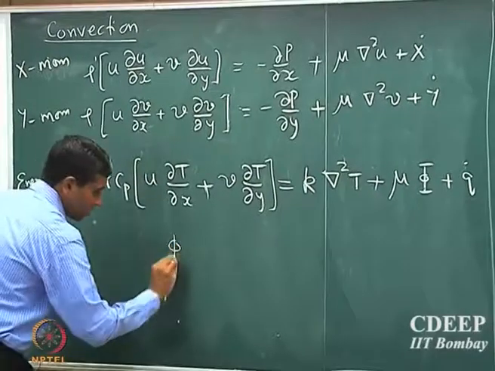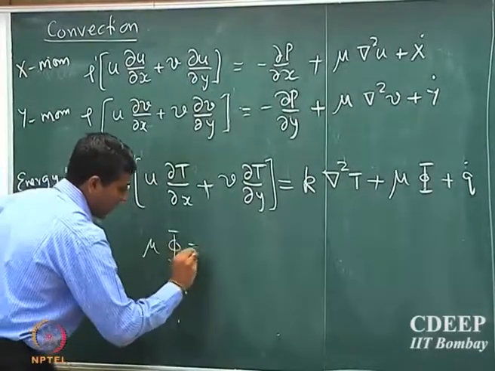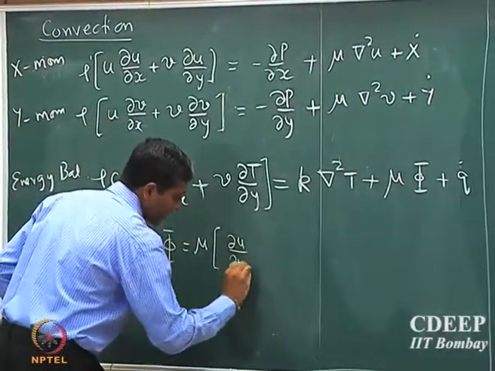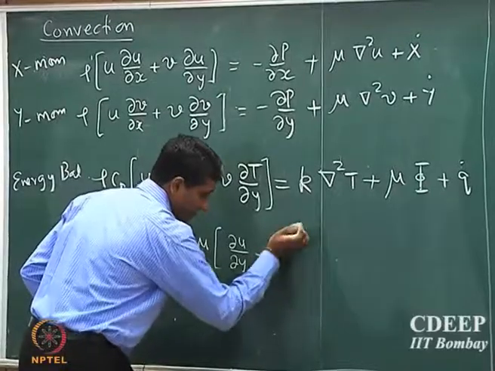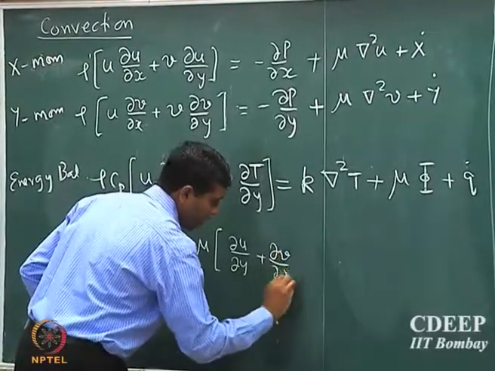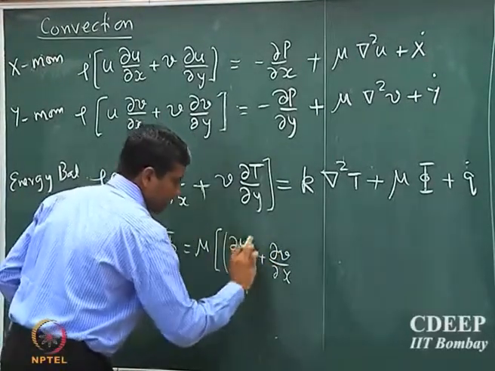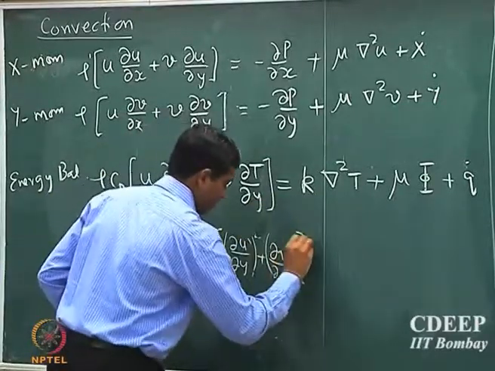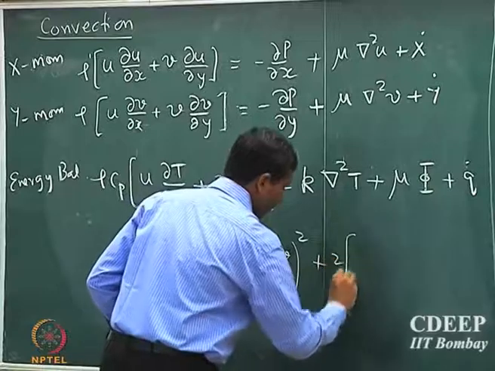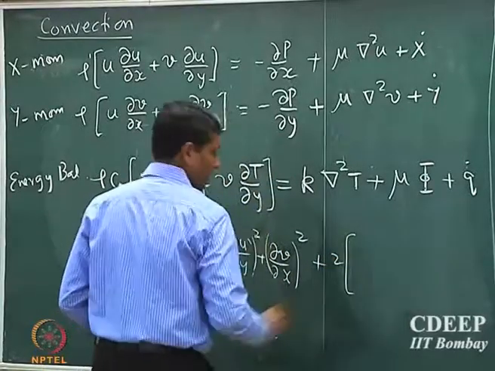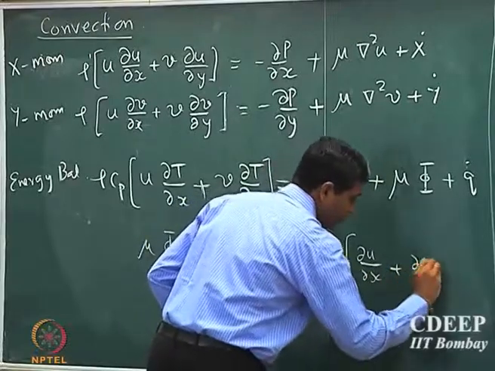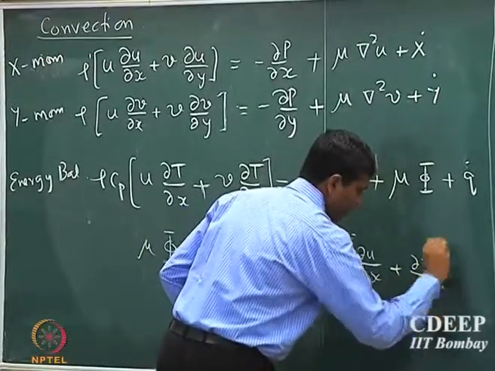Okay. Viscous dissipation is given by mu times dou U by dou Y plus dou V by dou X, square of that, plus 2 times dou U by dou X plus dou V by dou Y, the whole square.